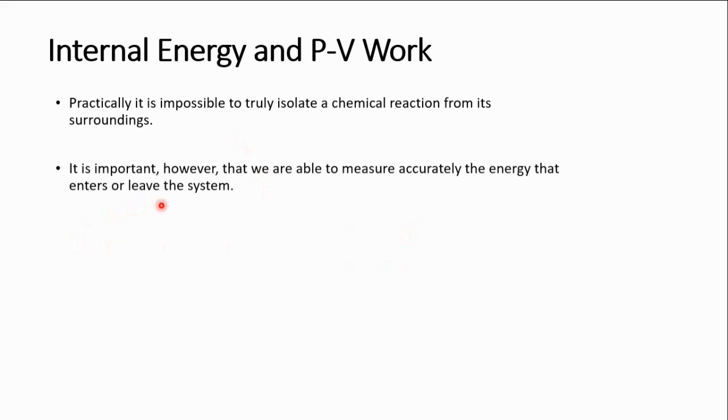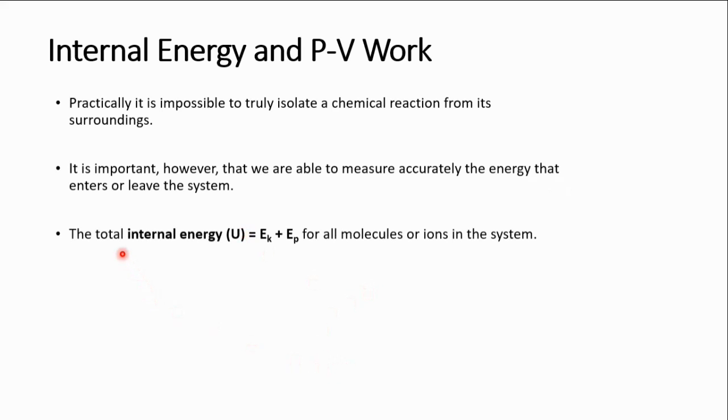Now, it is important, however, that we are able to measure accurately the energy that enters or leaves the system. Right? We cannot isolate it totally or perfectly, but at least we must be able to accurately measure the energy entering or leaving. Now, the total energy in a system is called its internal energy.